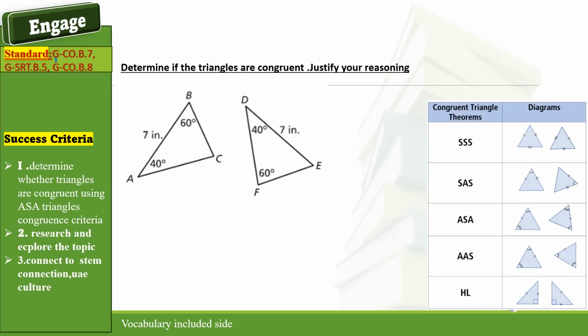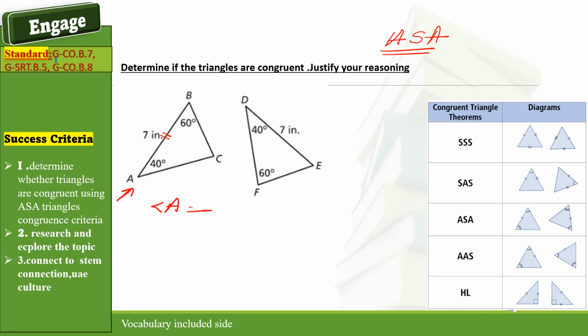In order to prove that two triangles are congruent by the ASA congruence postulate, it is very important that the two angles and their included side should be congruent to each other. So have a look over here: angle A is 40 degrees and in the second triangle angle D is also 40 degrees.